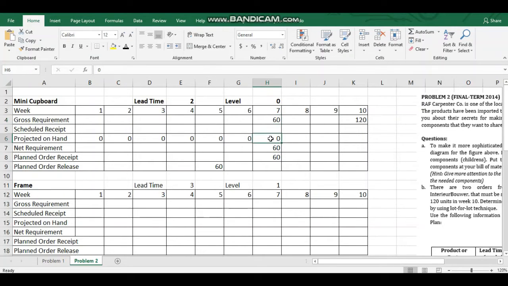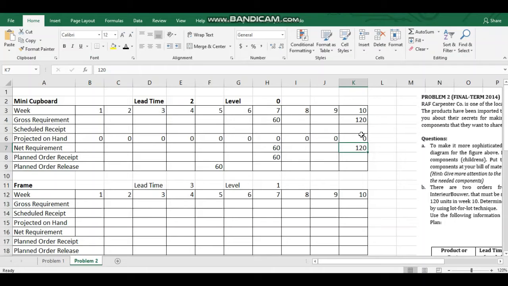So this number will be used to fulfill the gross requirement. Okay, so we have no inventory for the next weeks. Then in week 10 we have a gross requirement of 120, while we have no inventory, so the net requirement is as much as this gross requirement, which is 120.